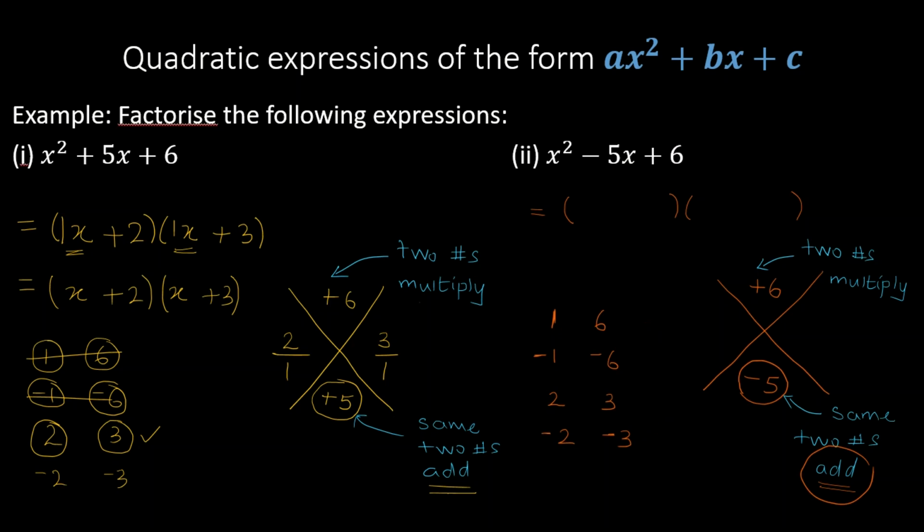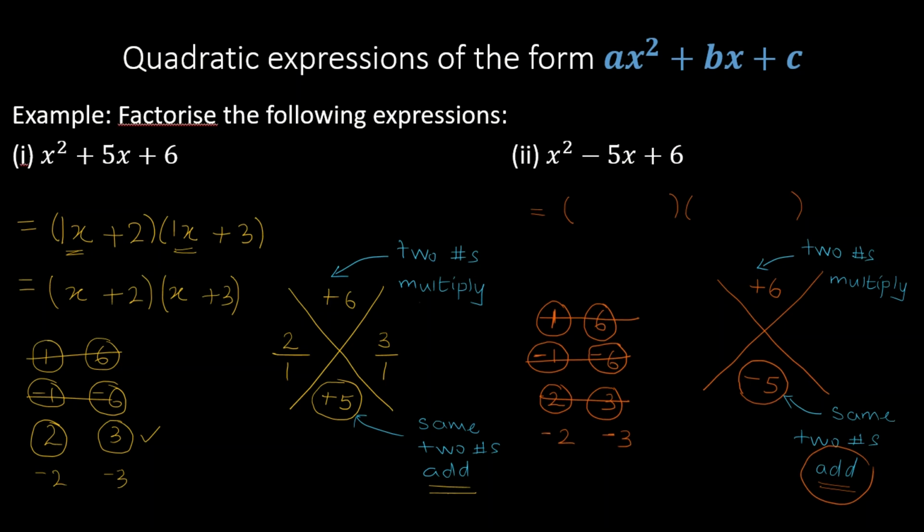So let us select the two numbers from this list. 1, when you add with 6, do you obtain negative 5? No. Negative 1, when you add with negative 6, do you obtain negative 5? No. It gives negative 7. 2 and 3, positive 2, positive 3. When you add, does it give negative 5? No, it gives positive 5.